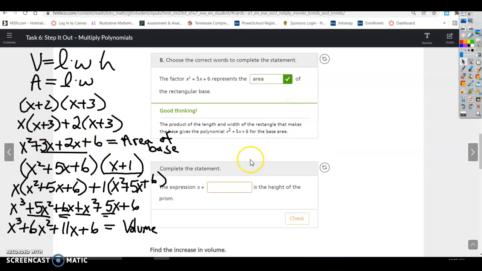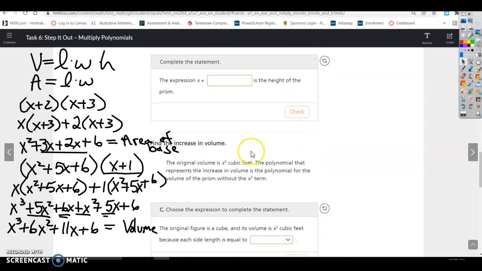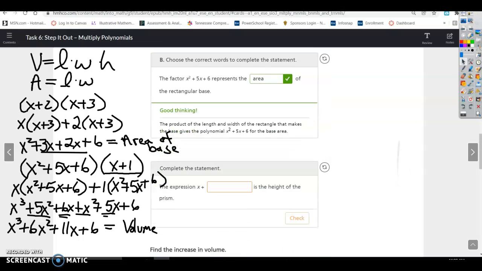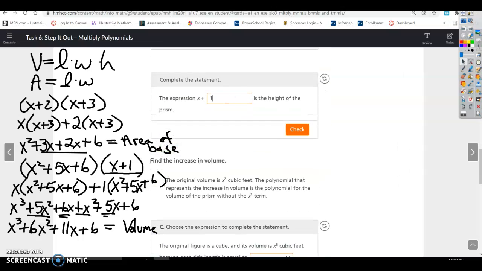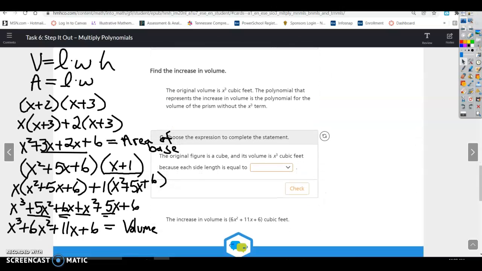Three-dimensional is volume. All right, so it says the expression x plus blank is the height of the prism. So if you go back to the top, you can see the height is x plus 1. So this is x plus 1. And then it says find the increase in volume. So the original volume is x cubed.